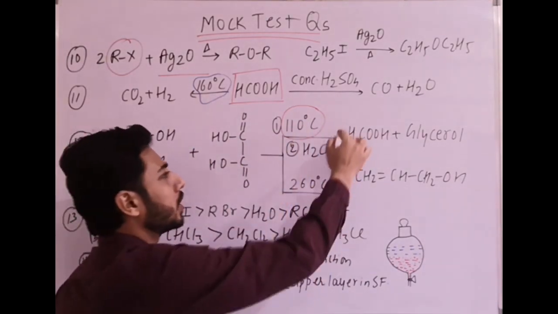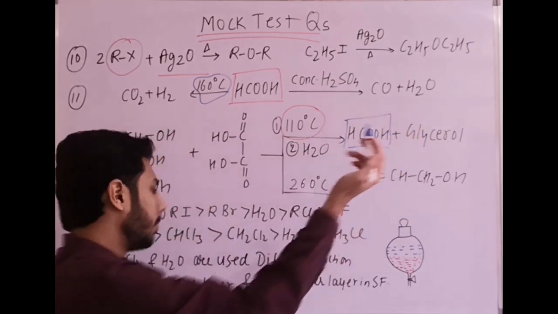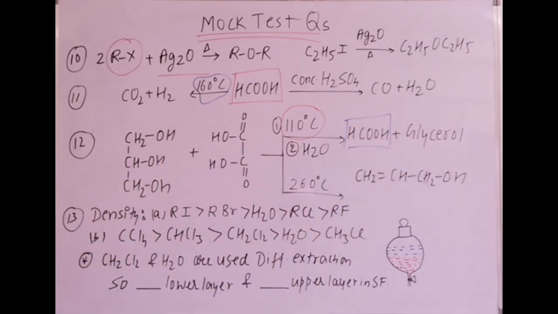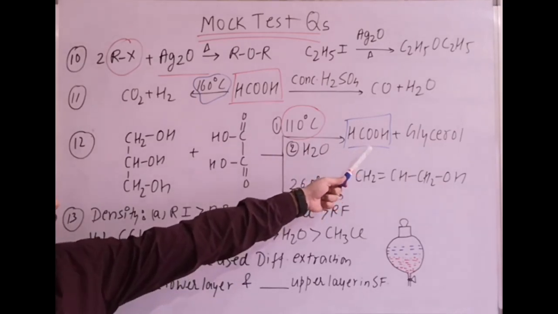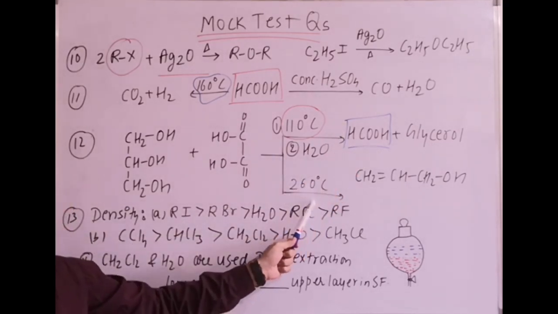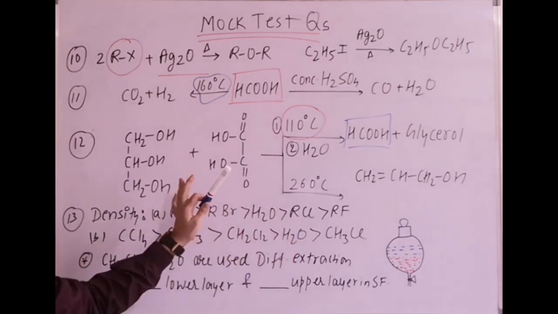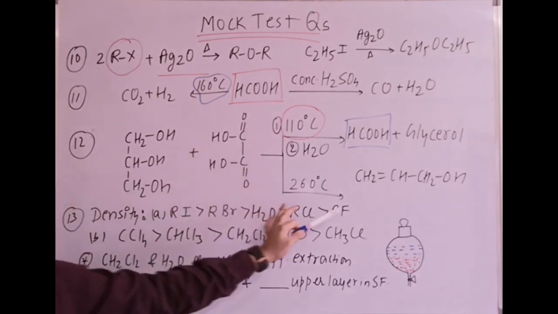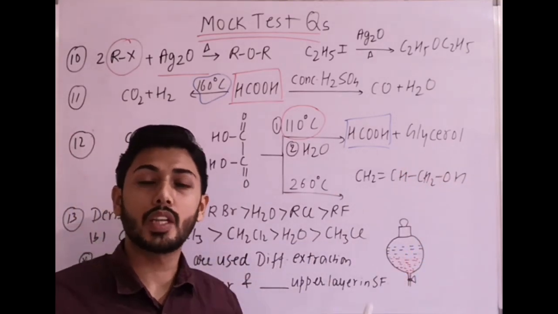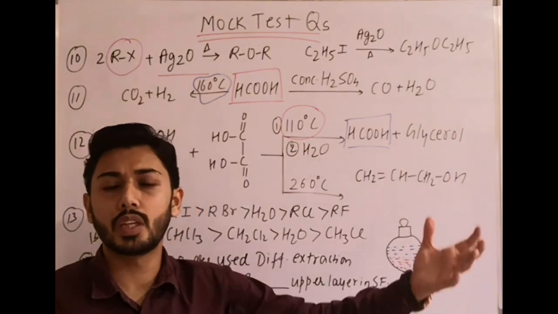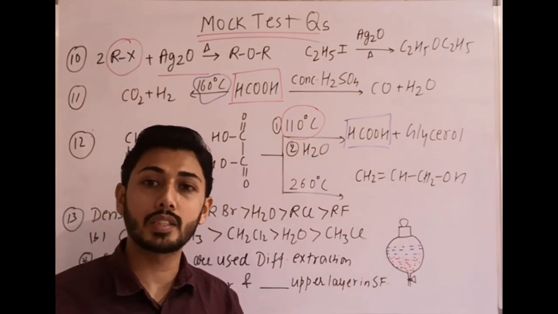Again, I am not going much into the depth of the reaction, because it is under a particular temperature condition. At around 100 it gives formic acid, again generating glycerol. At 260 degrees Celsius, two CO2 and two H2O are released, and finally it gives allyl alcohol. There are numerous reactions of glycerol, such as oxidation reactions, but they are not given and are less important.